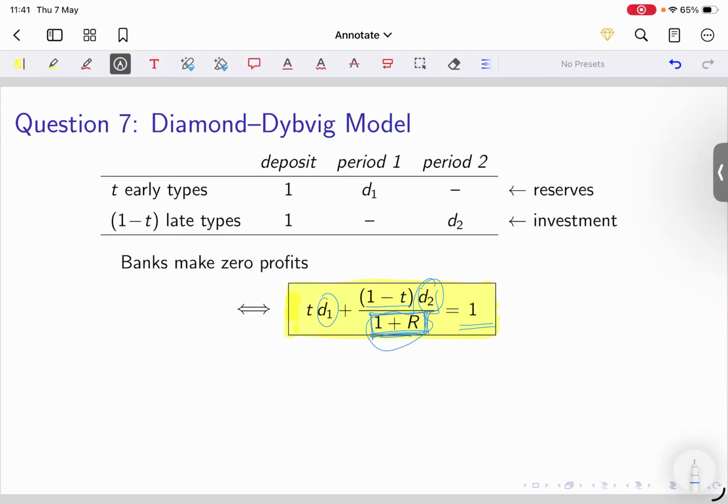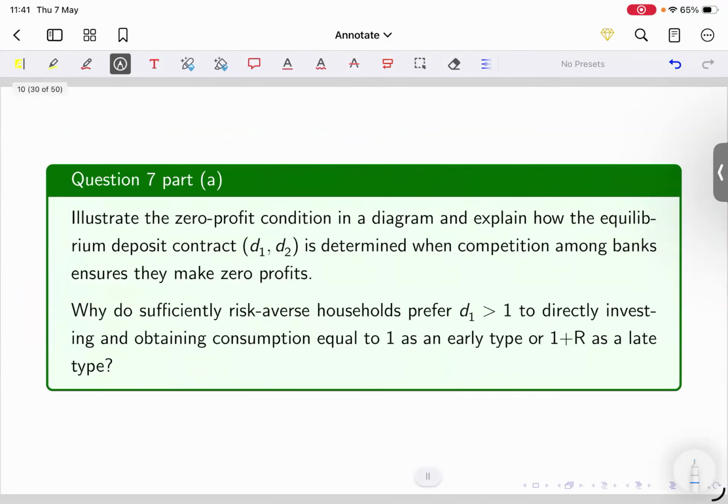All right, so finally to our question. If this is clear, now we'll go much, much faster. We need to illustrate the zero profit condition, so what we just had here, in a diagram and explain how the equilibrium deposit contract is determined when competition among banks ensures they make zero profits.